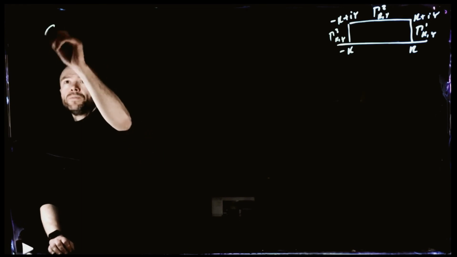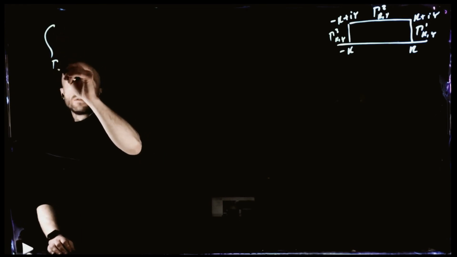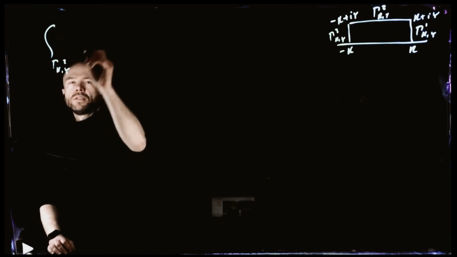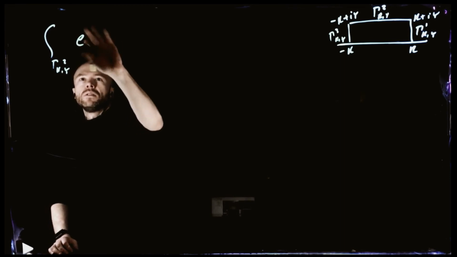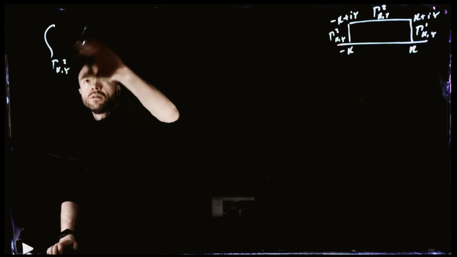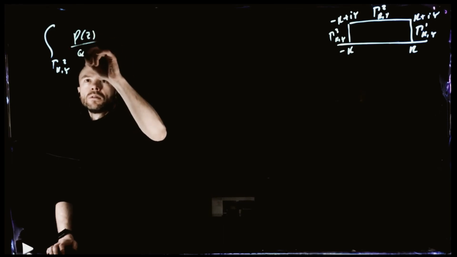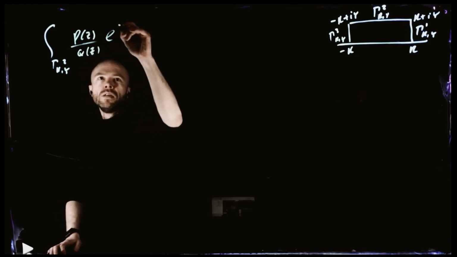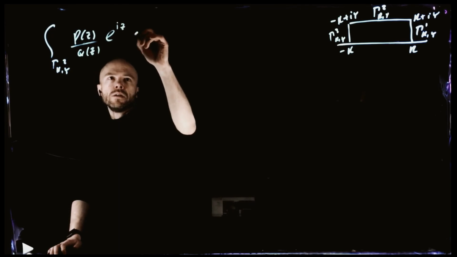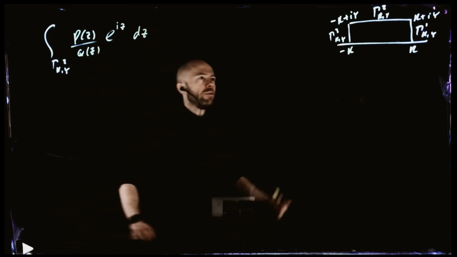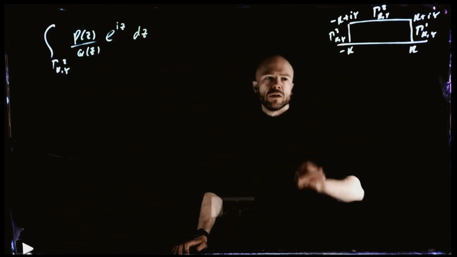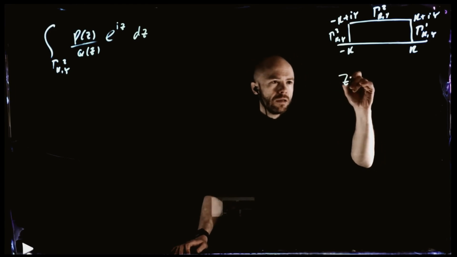And our function is this thing. So it is p of z over q of z, first of all, and then it is e to the iz dz. And we want a parameterization of this part. So what we're going to take is z of t.